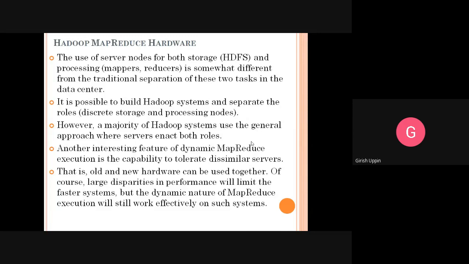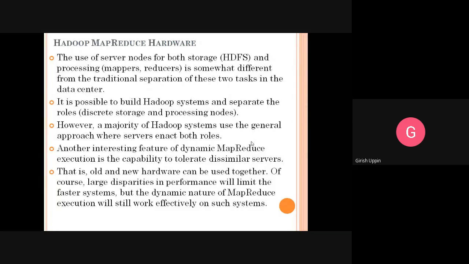Another interesting feature of dynamic MapReduce execution is the capacity to tolerate dissimilar servers. So even in the Hadoop cluster, we can have different kinds of servers. We need not have all the servers in the cluster exactly the same. So it has the capability to tolerate those dissimilarities. That is, old and new hardware can be used together.